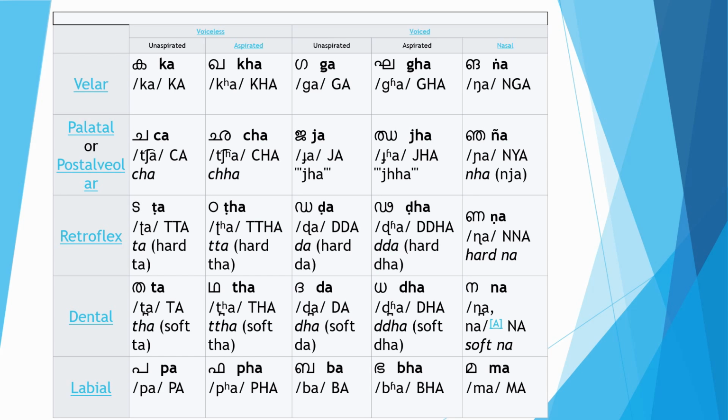Those were the dental consonants, and then the labial. The labial ones involve one or both lips. They are pa, pha, ba, bha, ma. Pa, pha, ba, bha, ma.